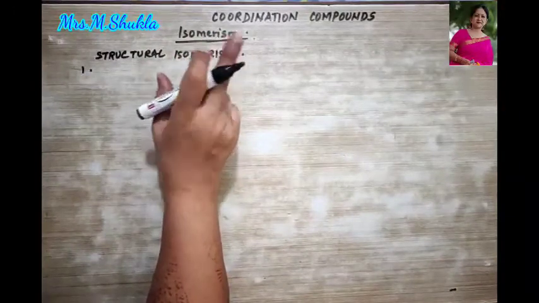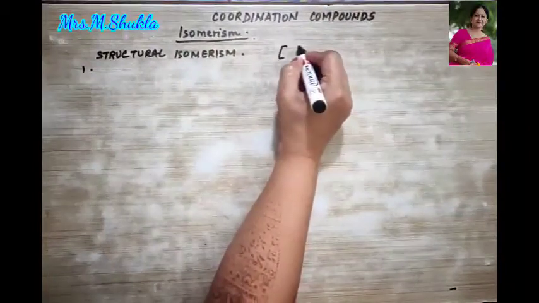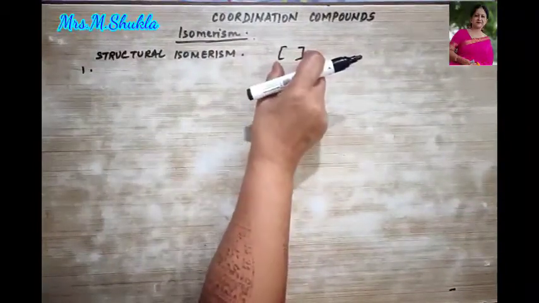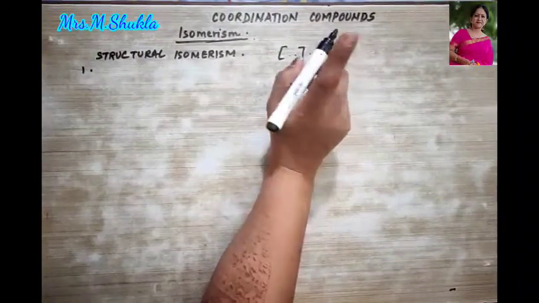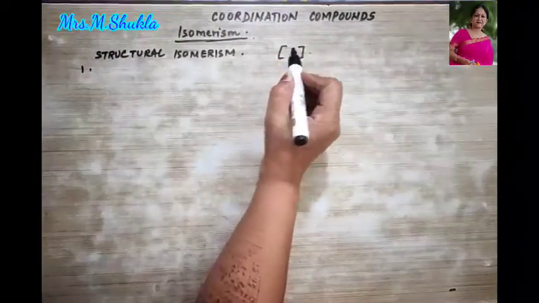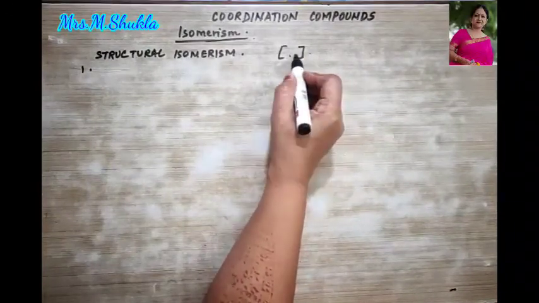Because in the coordination sphere, remember coordination sphere, I had told you this, the square bracket, inside the square bracket, this is the coordination sphere, and the outside one is the ionic sphere. Don't forget that. So in the coordination sphere we will have different ligands over here.